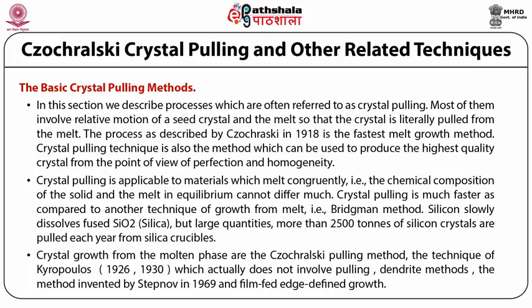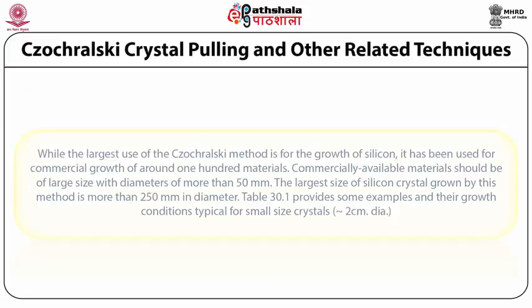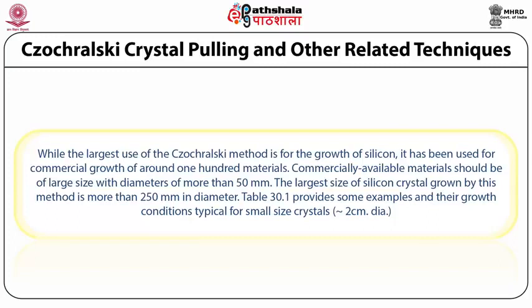Dendrite methods, the method invented by Stepanov in 1969, and film-fed edge-defined growth. While the largest use of the Czochralski method is for the growth of silicon, it has been used for commercial growth of around 100 materials.